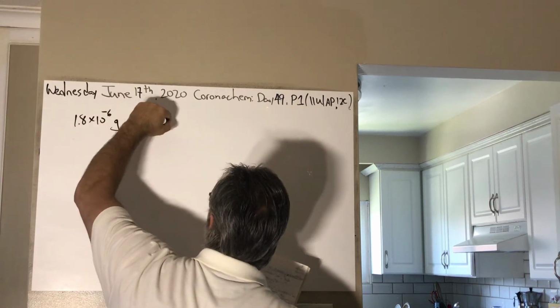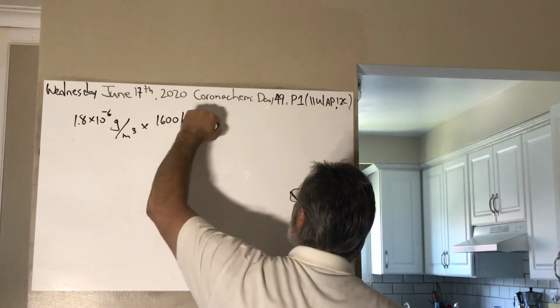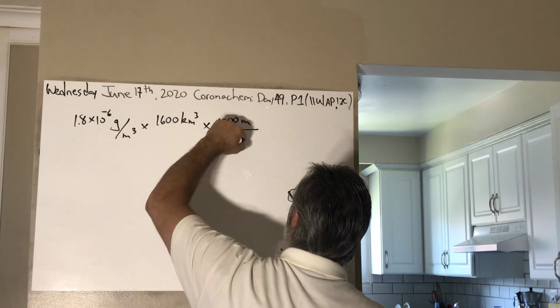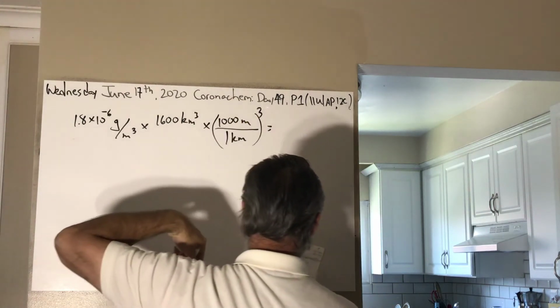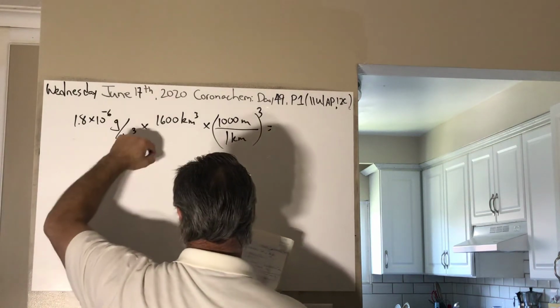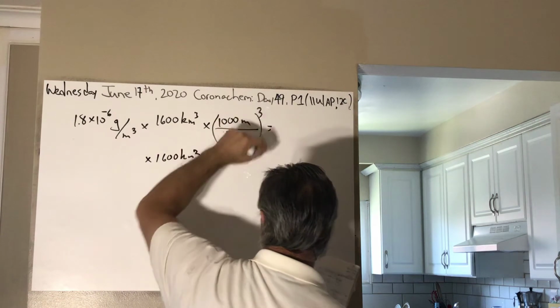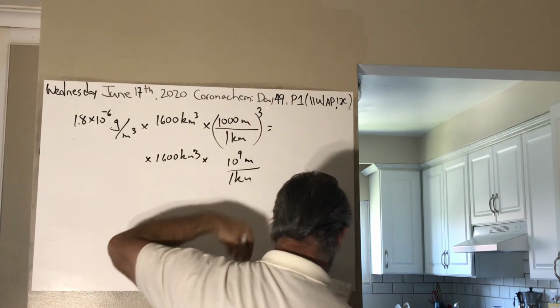The plume was 1,600 kilometers cubed in volume, with therefore 1,000 meters per 1 kilometer, but remember to cube the whole thing. So you rewrite this part: 1,600 kilometers cubed times 10 to the 3 raised to the power of 3, which is 10 to the 9 meters per 1 kilometer.